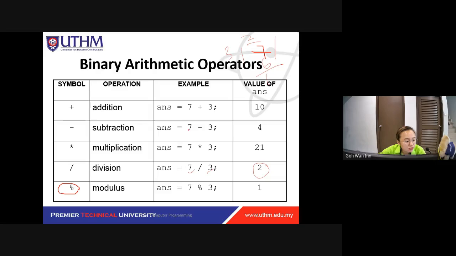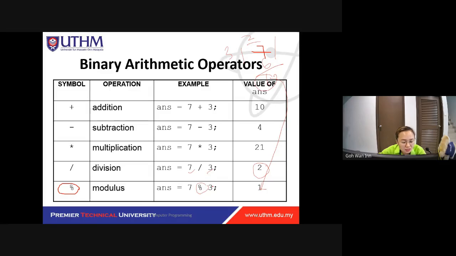And then modulus: 7 divided by 3, 2, 3 times 2 is 6, remaining 1. So the modulus sign means what is remaining after the division. That's why 7 modulus 3, the remainder is 1.